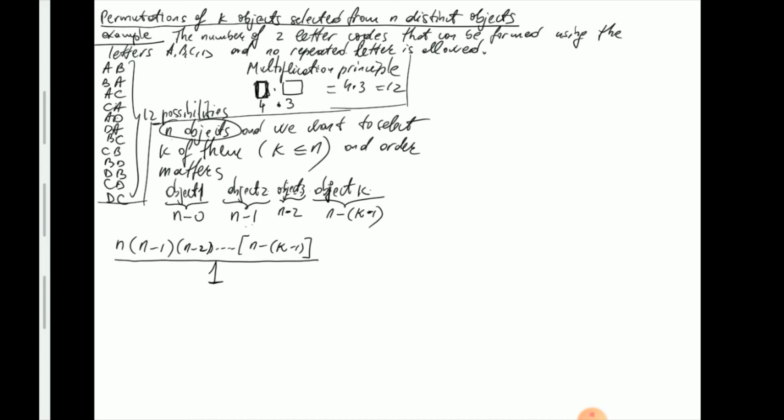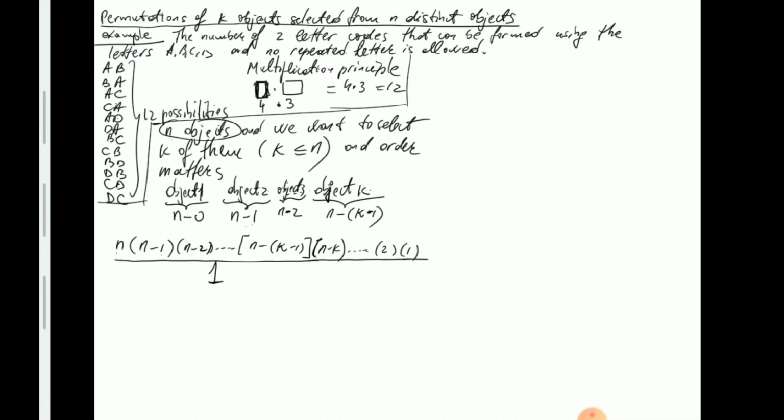You can write the numerator in terms of a factorial by multiplying on the top all the remaining factors up to 1. So I start with n, the previous one is n minus 1, n minus 2, this is n minus quantity k minus 1. After that it follows n minus k, and then you keep on subtracting bigger and bigger numbers all the way up to 2 and 1.